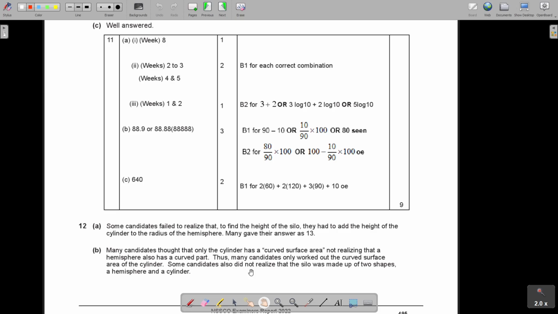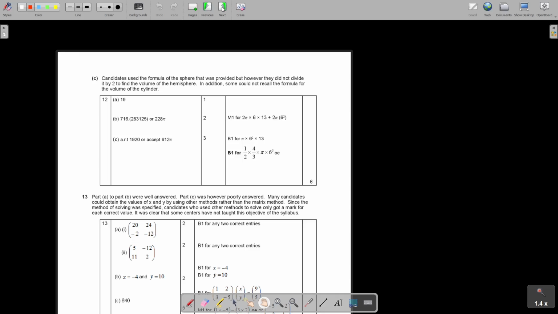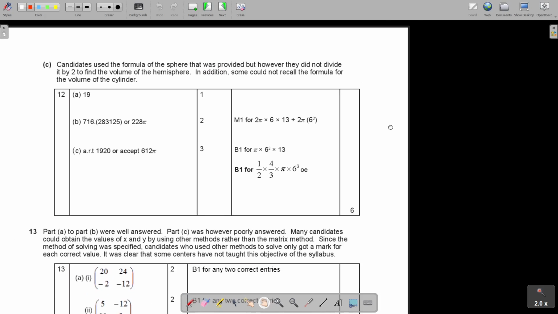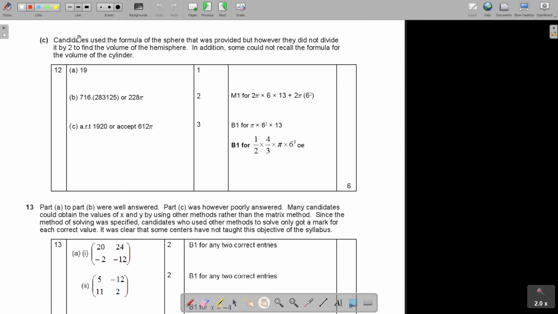Some candidates also did not realize that the silo was made up of two shapes, a hemisphere and a cylinder. That means a half sphere and a cylinder. Okay, and then the next one, the last one here, we can just make it a bit bigger. As I said, it's just not that difficult, but also things that you just have to remember.